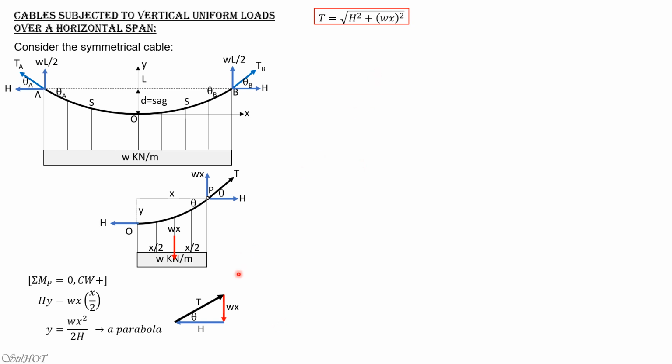As long as you just draw this free body diagram, you can easily remember that. Then also tangent theta is wx over H. So that's the slope at any point on the cable. Then for symmetrical cables, you simply replace x by L over 2. Then you can solve for the tension if it is symmetrical cable, tension at A or tension at B.